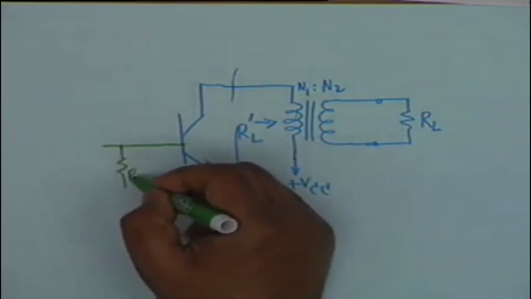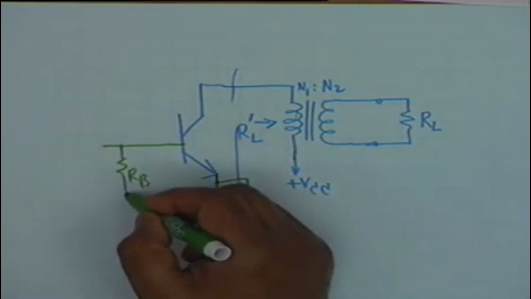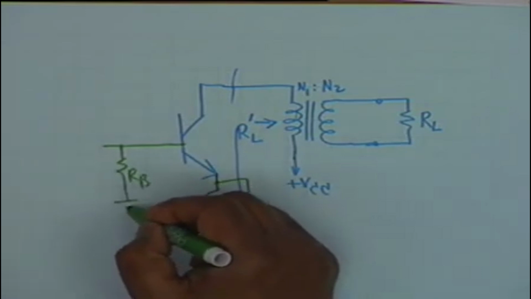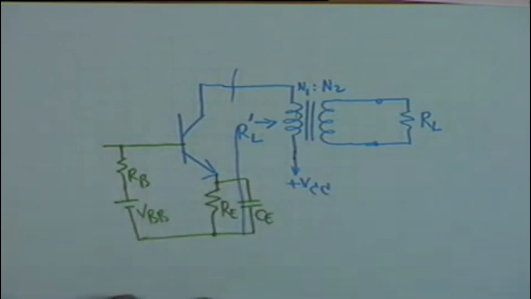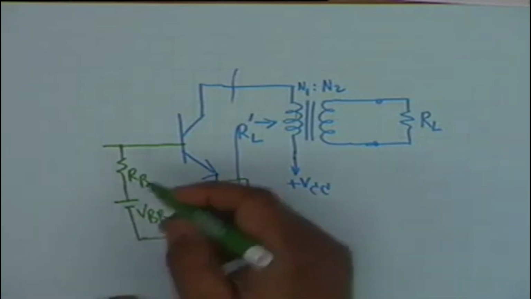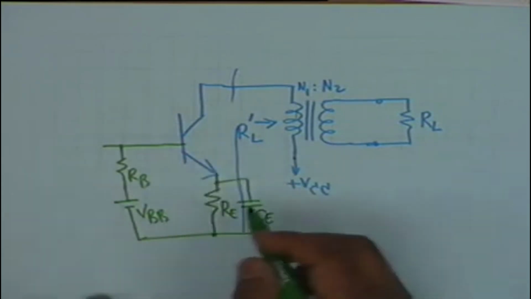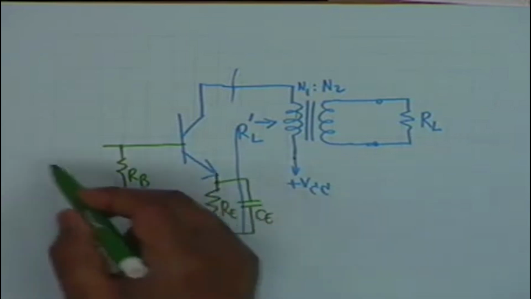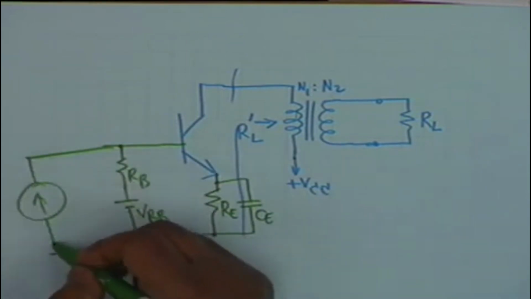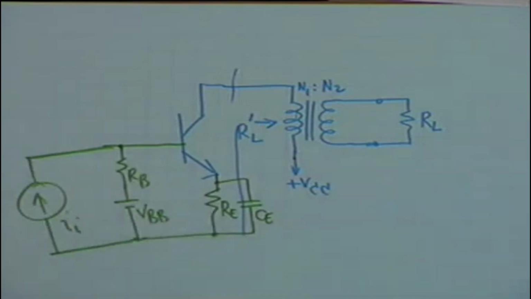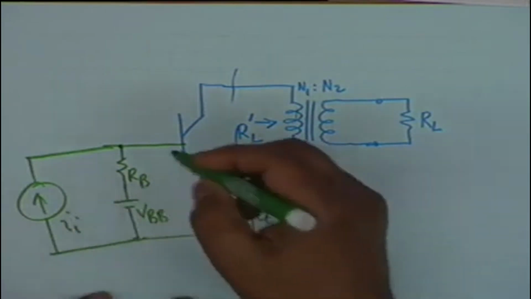I shall simply show the equivalent circuit. The equivalent circuit is that you have an RB and a VBB, which is equal to VCC R1 divided by R1 plus R2, and RB is the parallel combination of R1 and R2. And the signal, let me show this as a current source. The input signal is here, I sub i.